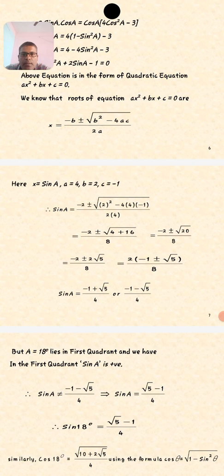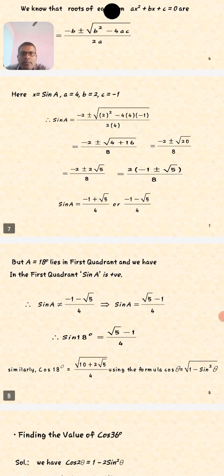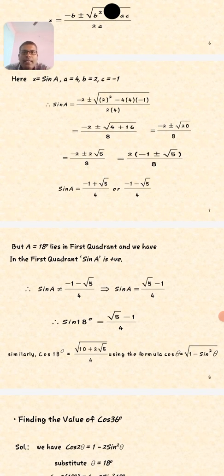We get the simplification: sin a is equal to (−1 + √5)/4 or (−1 − √5)/4. But you have to remember one condition: a is equal to 18 degrees, which lies in the first quadrant only. We know that in the first quadrant all trigonometric functions are positive, so sin a is positive. We consider only the positive value.